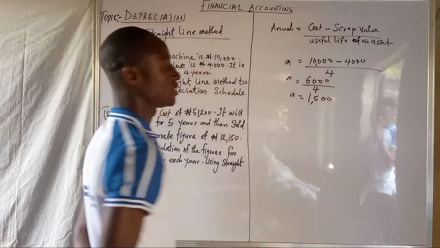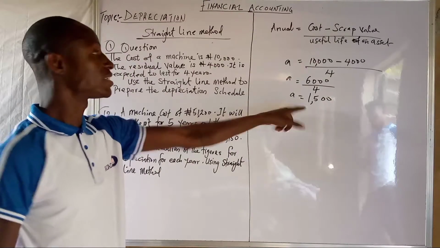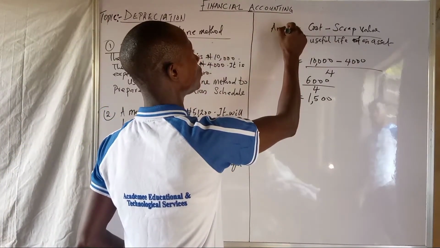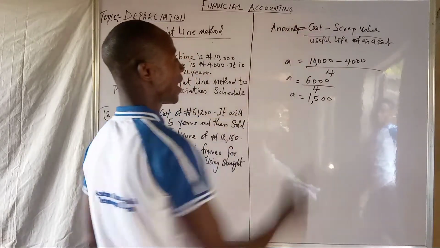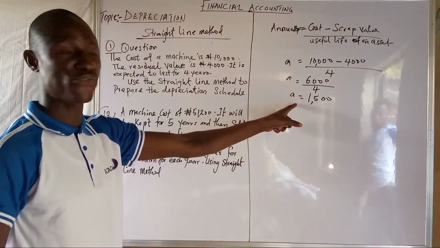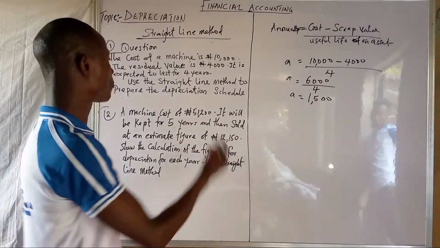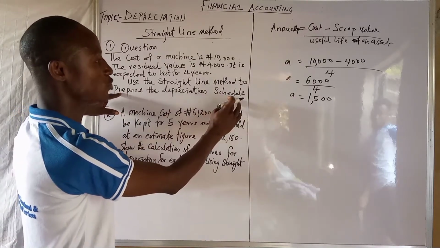So annually we need to charge 1,500 depreciation.